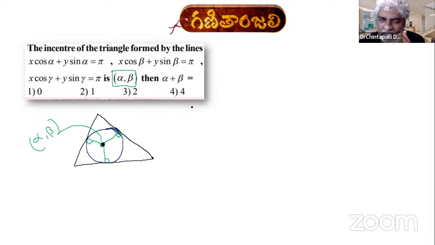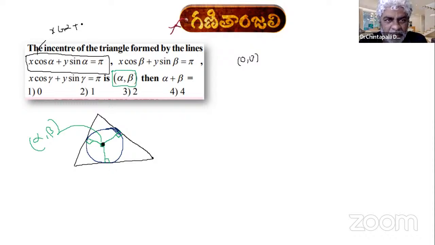calculation. Please tell what's the distance of 0, 0. As you know, the distance formula is L alpha plus M beta by root of L square plus M square. The point is 0, 0, and the line is x cos alpha plus y sin alpha is equal to pi, which means x cos alpha plus y sin alpha minus pi is equal to 0.